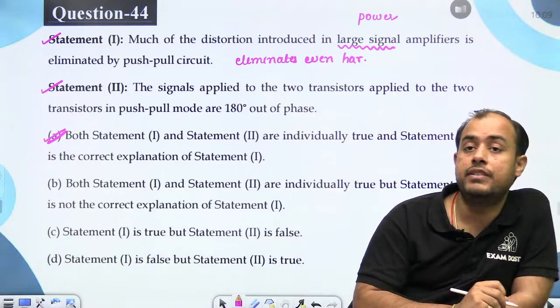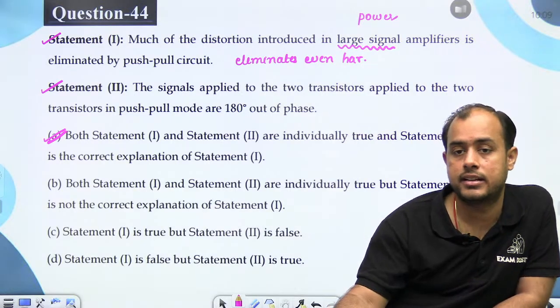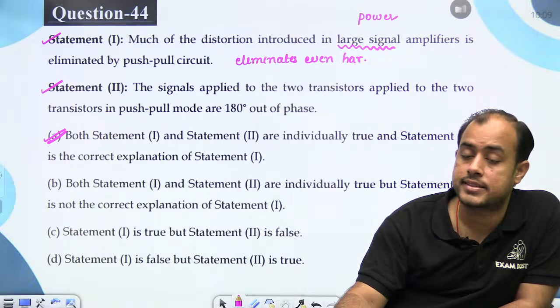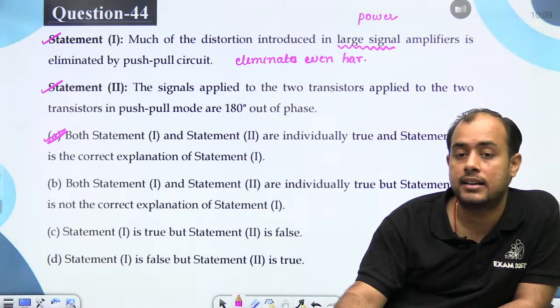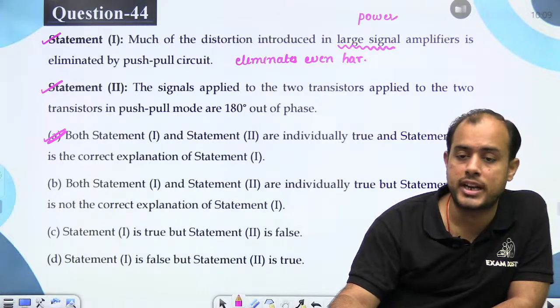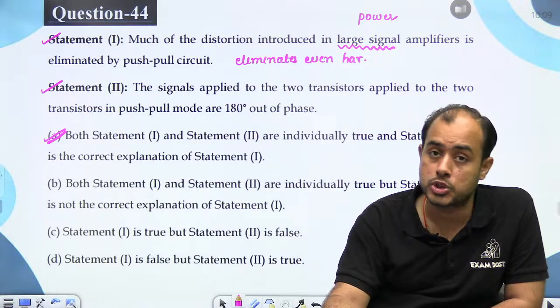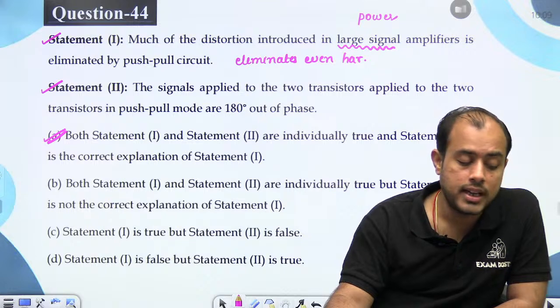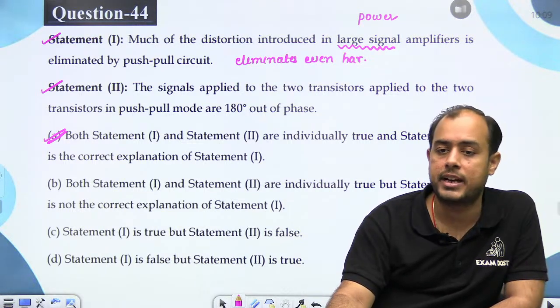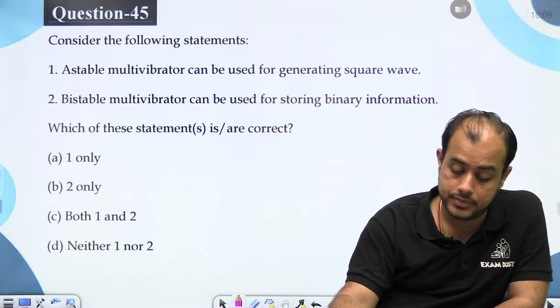That is why even harmonics are eliminated. पुश पुल का मतलब ही ये होता है बेटा कि दोनों ट्रांजिस्टर पे अपोजिट सिग्नल लगेगा. तो one will try to push it down, make the output low. Other will try to pull it up, make the output high. So both are fed by opposite signals.